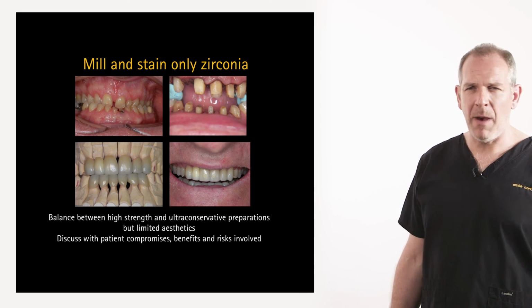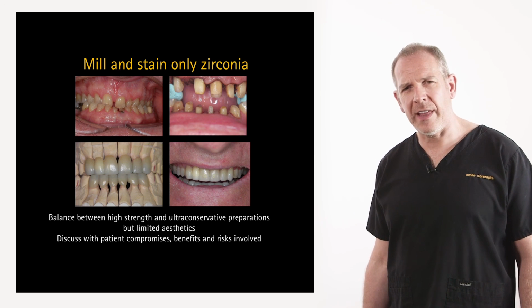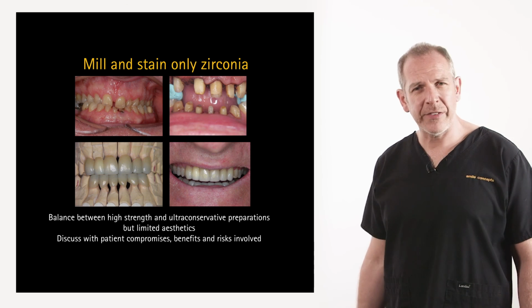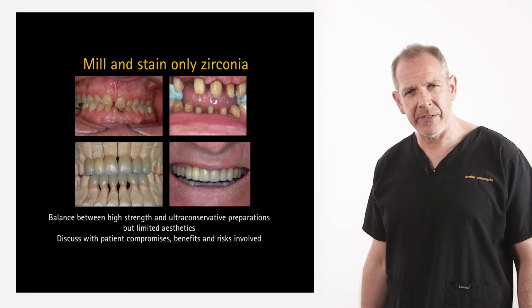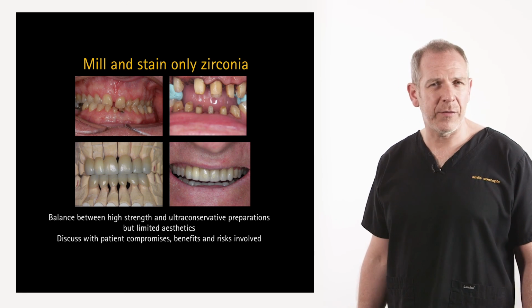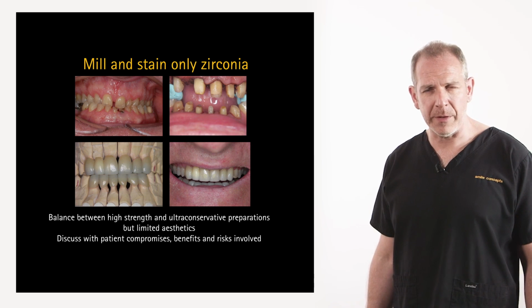Now it should be borne in mind that this is far less aesthetic than e.max. However, for patients who will accept this compromise in aesthetics, for the preservation of tooth structure and the preservation of the strong tooth, this represents a good form of treatment.